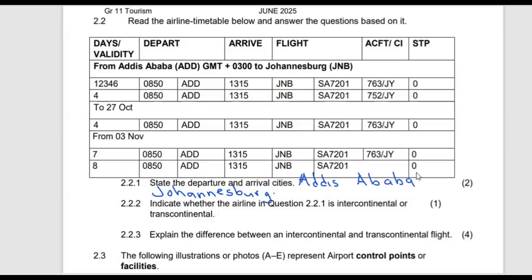So the first city, Addis Ababa, would be our departure city. This one stands for the departure city. That's where the plane is coming from. Then Johannesburg will be the city of arrival. This will be the arrival city. So those are the two cities which are involved.